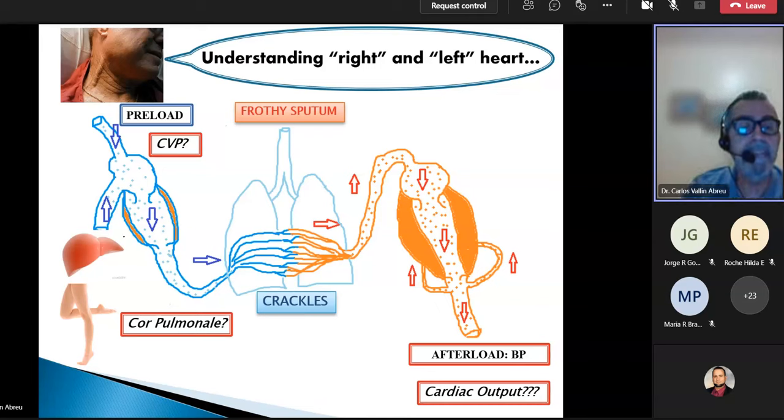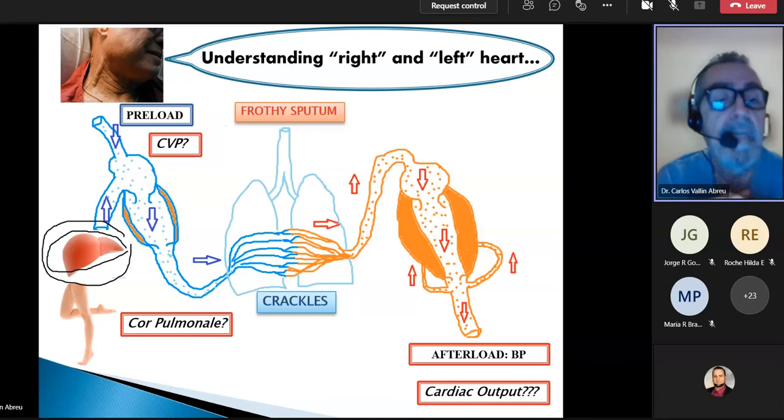Understand the abdomen also can have edema, because the abdomen also has veins. And one of the organs that have more edema in the abdomen is the liver. So you have an enlargement, an increase in the size of the liver. It's called hepatomegaly. And because of retention of liquid, retention of blood, it is called congestive hepatomegaly.